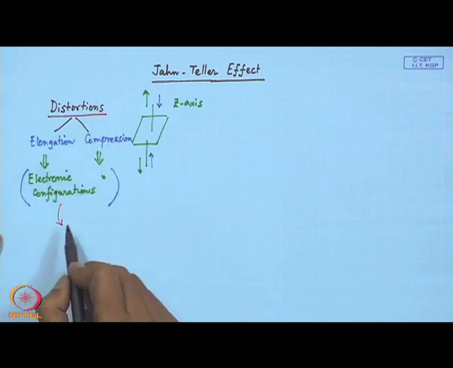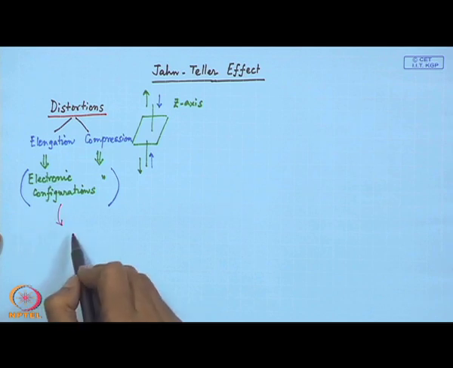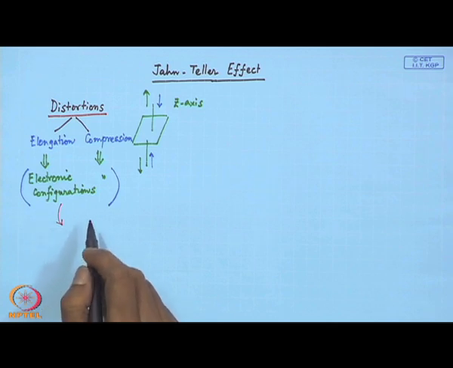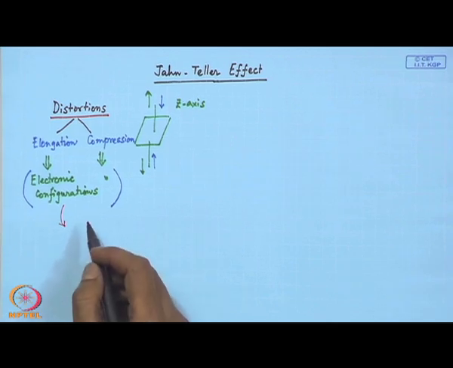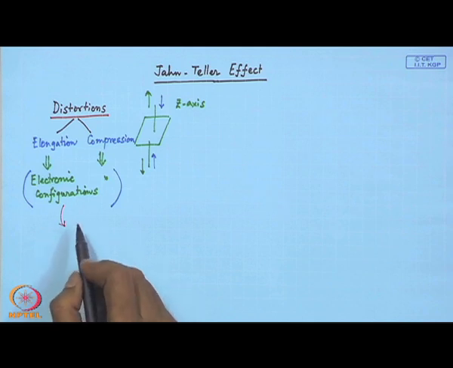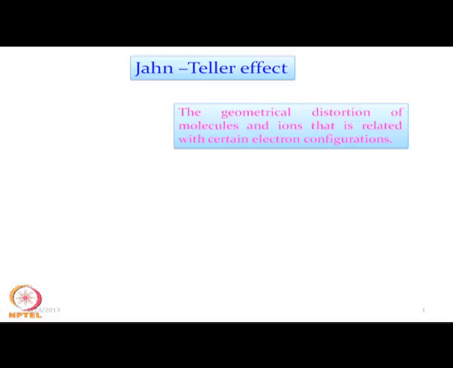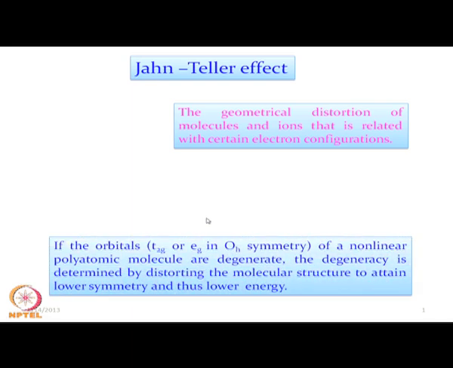The corresponding electronic configurations which are Jahn-Teller sensitive will give rise to a certain amount of distortion within the molecules. So, we get a certain elongated or compressed situation for this effect.